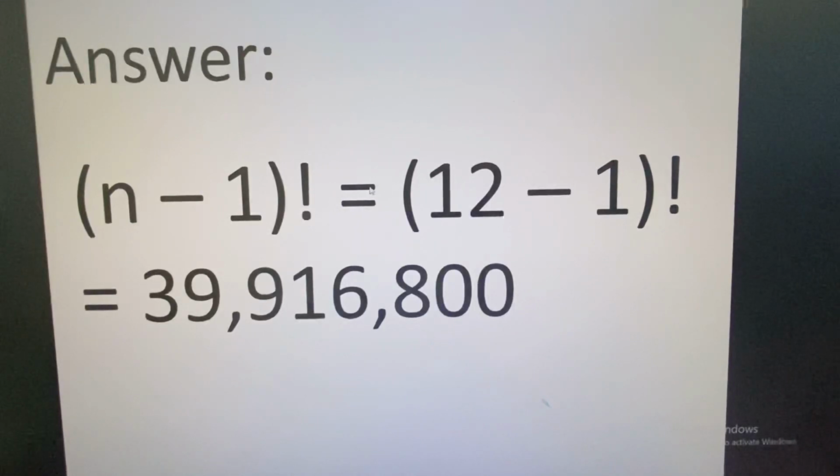So it's equals to 12 minus 1 factorial. Then using your calculator again, so you will get 39,916,800. So that is the answer. So please take note of this formula. Okay. So n minus 1 factorial.